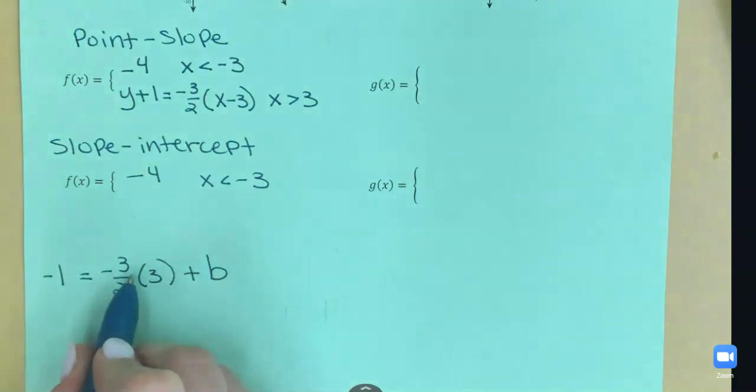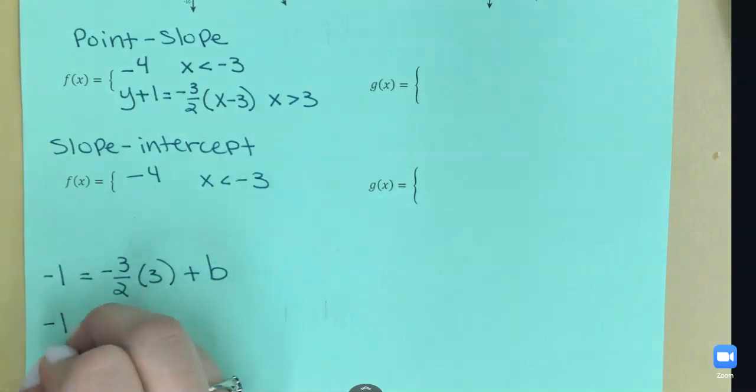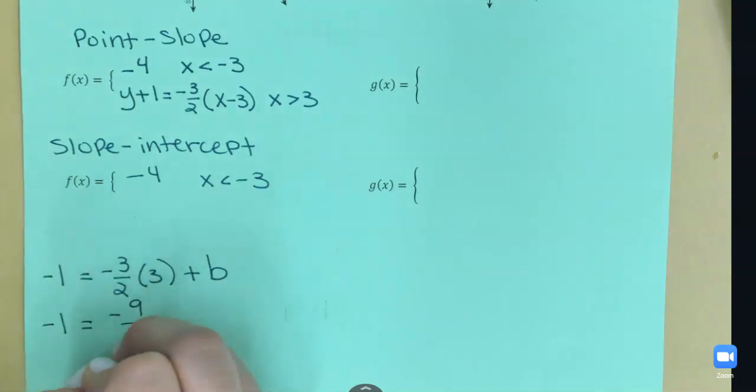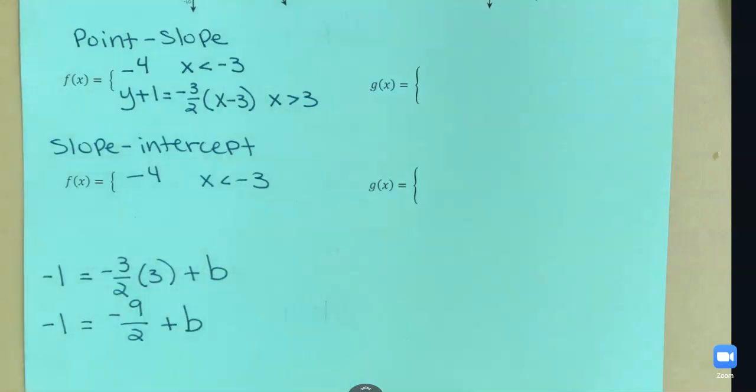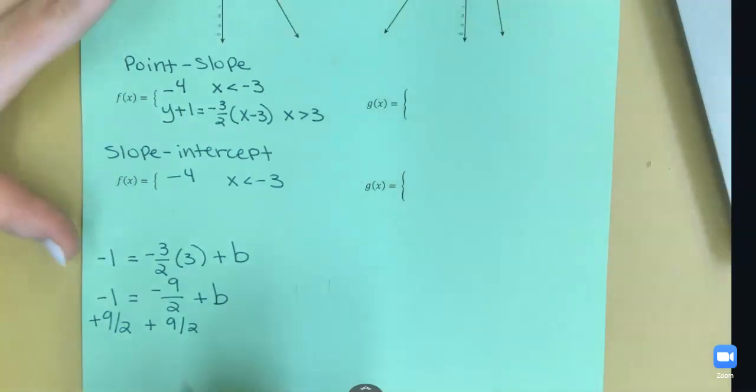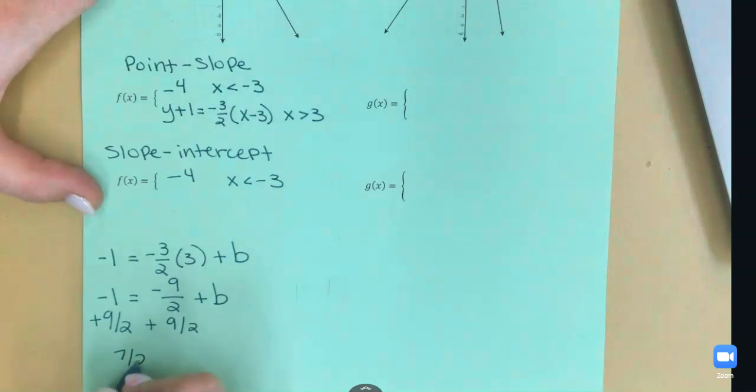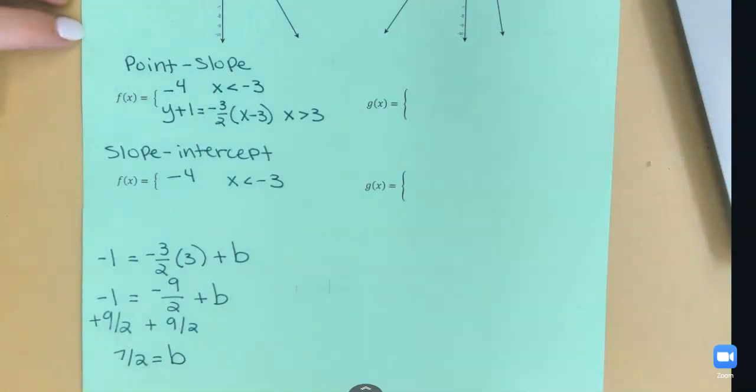So -3 over 2 times 3 gives me -9 over 2. So if I want b, I'm going to have to add 9 over 2 to both sides. And 9 over 2 plus -1 is going to give me 7 over 2. I'm going to zoom out just so you can see a little bit better. 7 over 2 is equal to b. So that is my y-intercept.